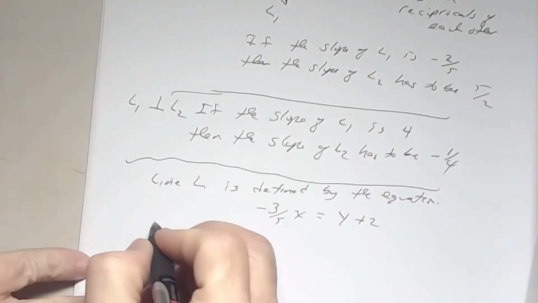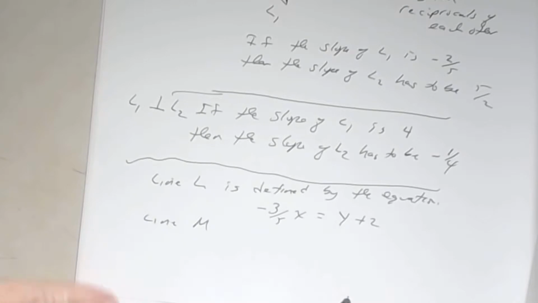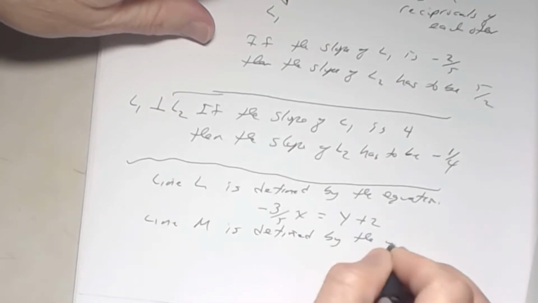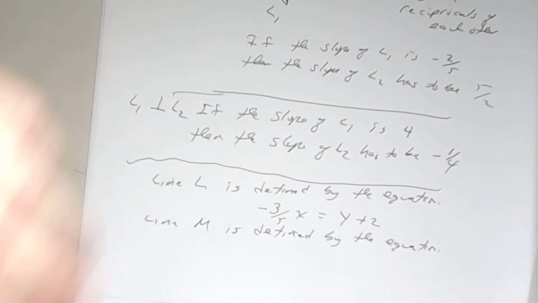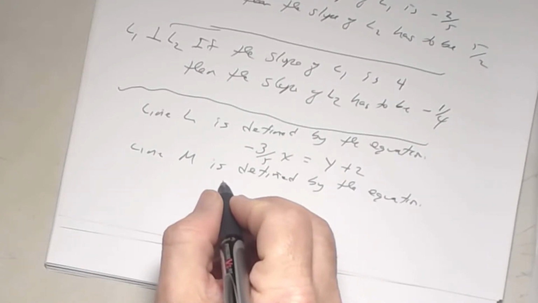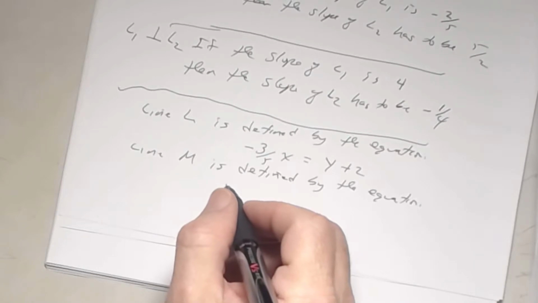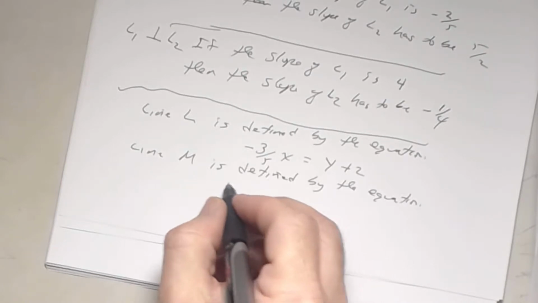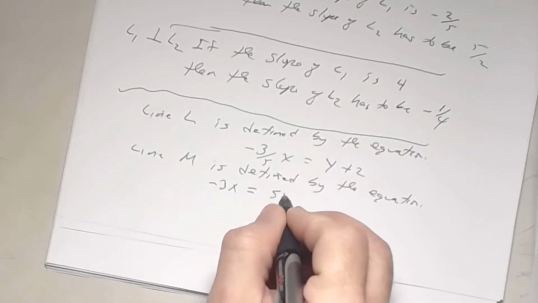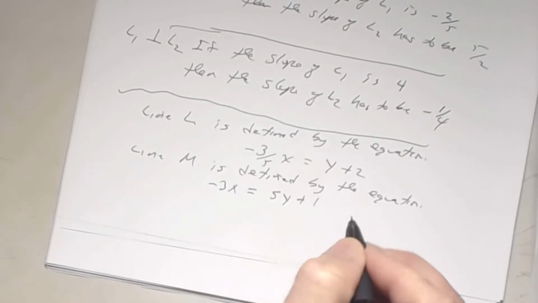Line M is defined by the equation, and here's the equation, I'm trying to make this up: negative 3x equals 5y plus 1.